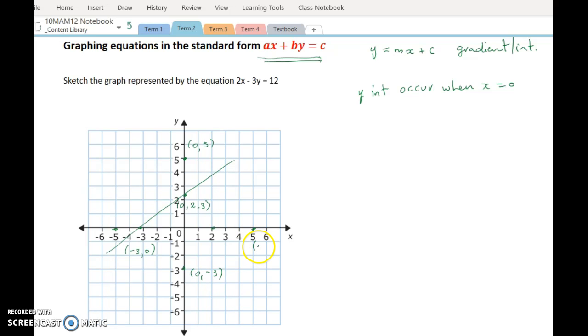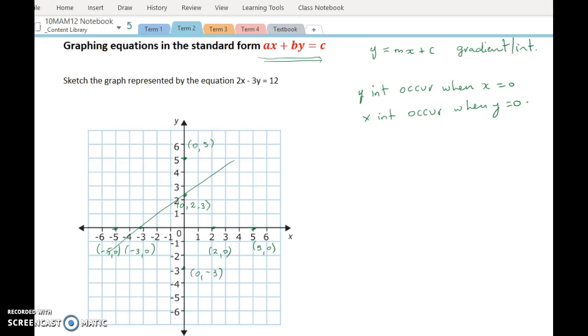So here, x coordinate 5, y coordinate 0 for this point, 2, 0, and for this point here, -5, 0. So you can see the x-intercept occurs when y equals 0, and that becomes the second fundamental and important piece of information we're going to rely on. So the x-intercept occurs when y equals 0.